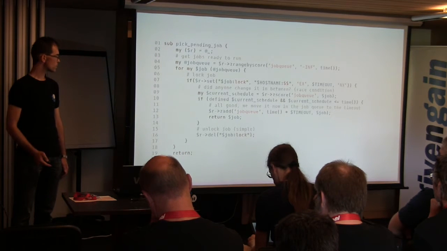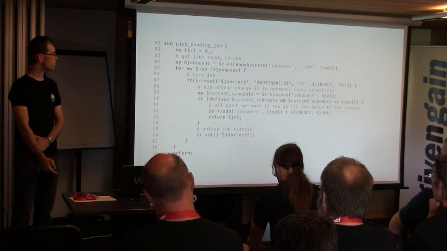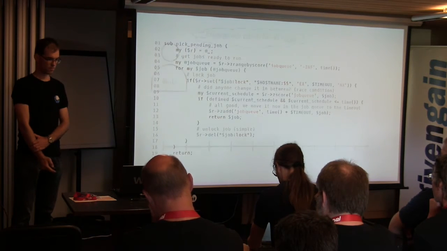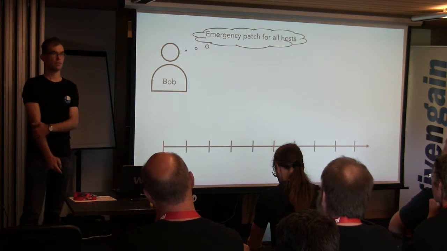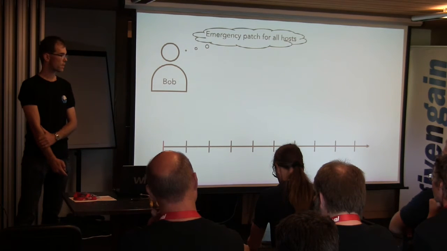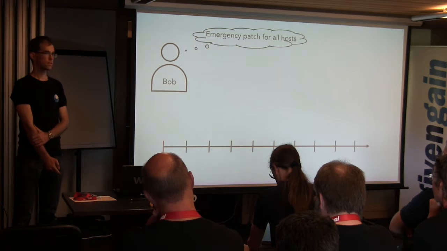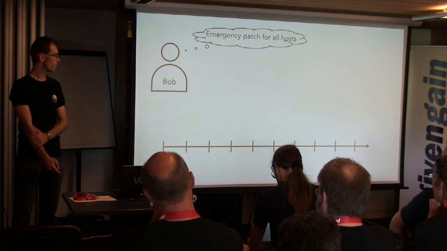Okay, all good now? Not really. There's one big problem remaining. Here is Bob again. He needs to roll out the latest security fix, so it should be done on every host now.